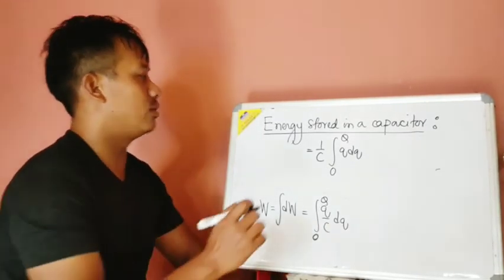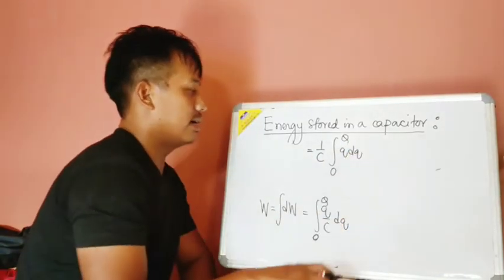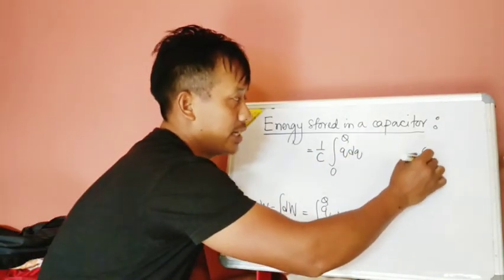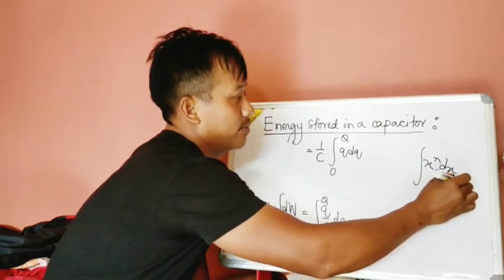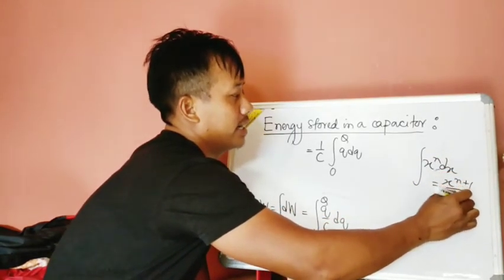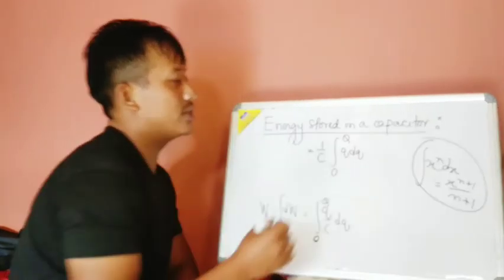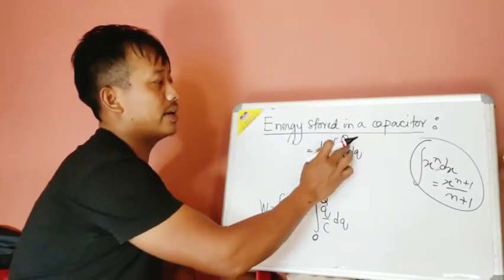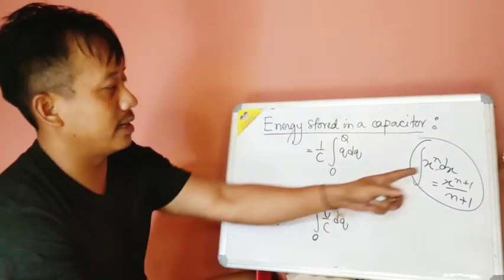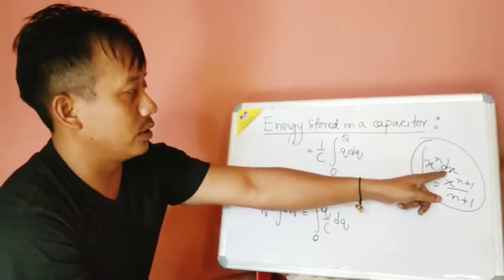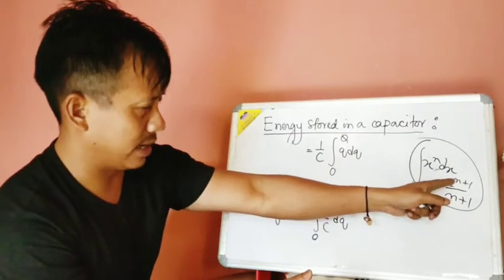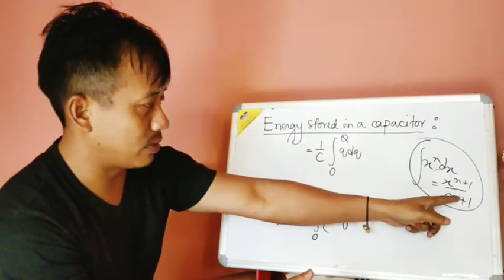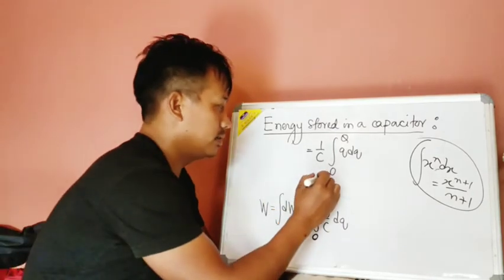Let us apply the integration rule for x power n: the integral of x power n dx is x power n plus 1 divided by n plus 1. Instead of x you have q here, and instead of n you have 1. So q power 1 plus 1 is q square, divided by 2.